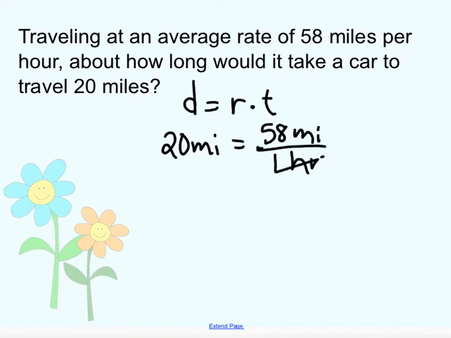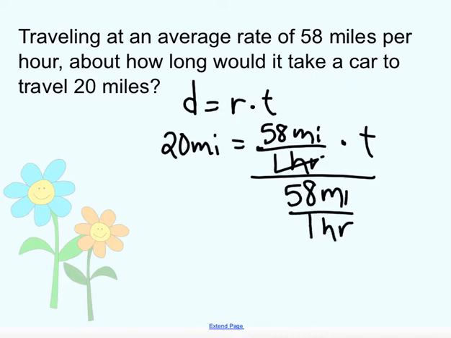But we don't know the time. So we need to figure out a way to find the time, and we can do that by dividing to get t alone. So we're going to divide by 58 miles over 1 hour.